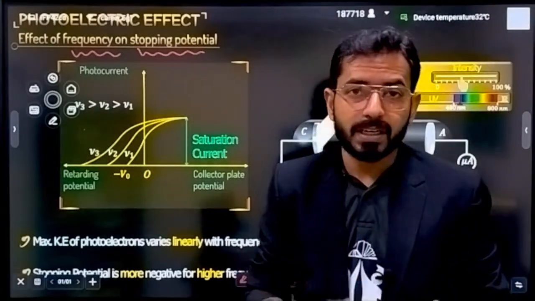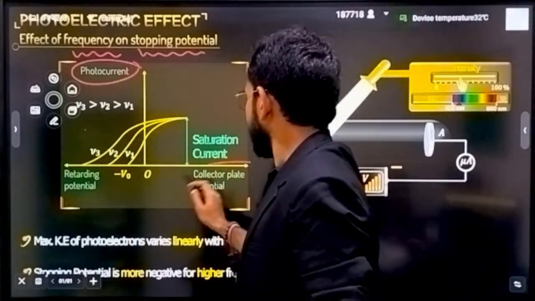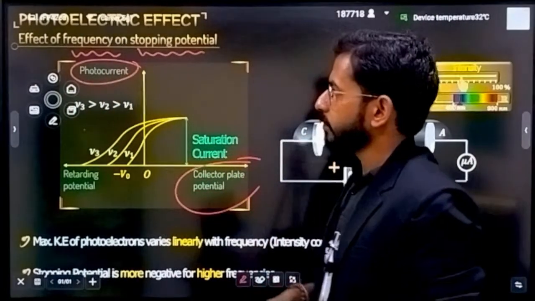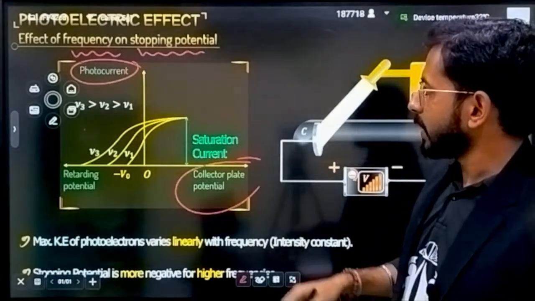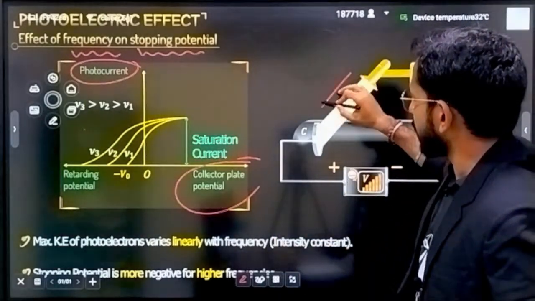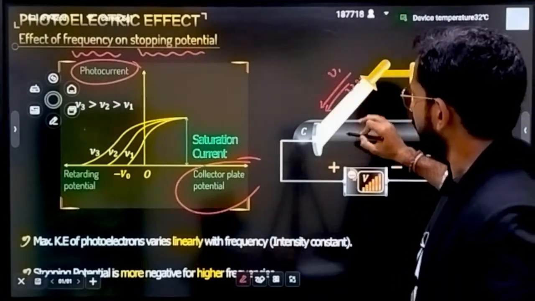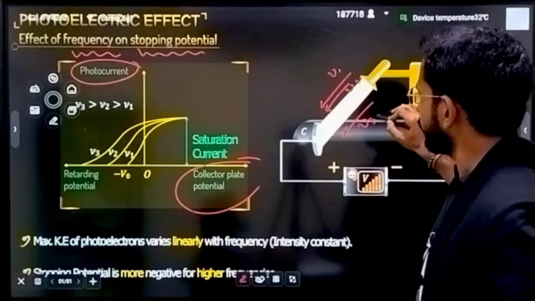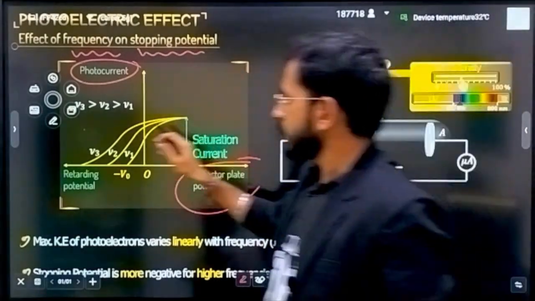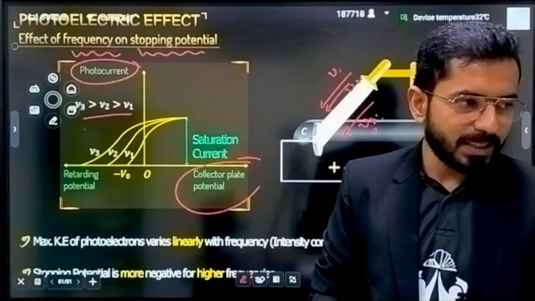Here the relation is between photocurrent and potential, and we are changing the frequency. Let's suppose three lights are incident: the first is mu1, the second is mu2, and the third is mu3. It is also given that mu3 is greater than mu2, which is greater than mu1.